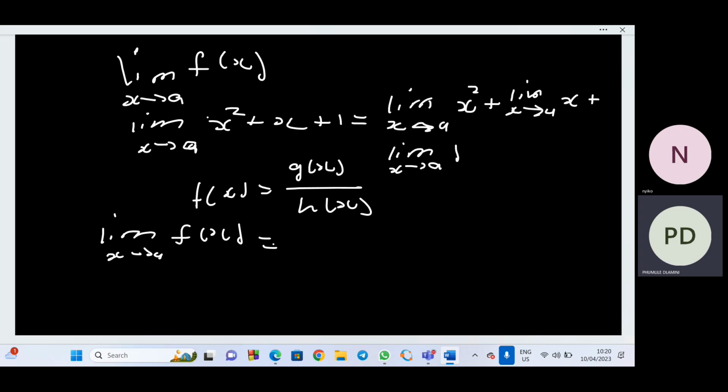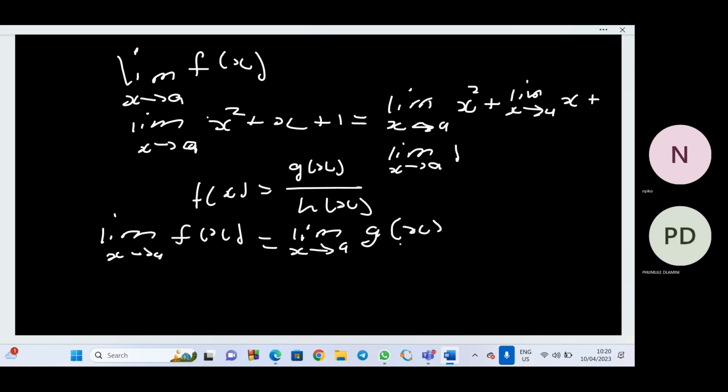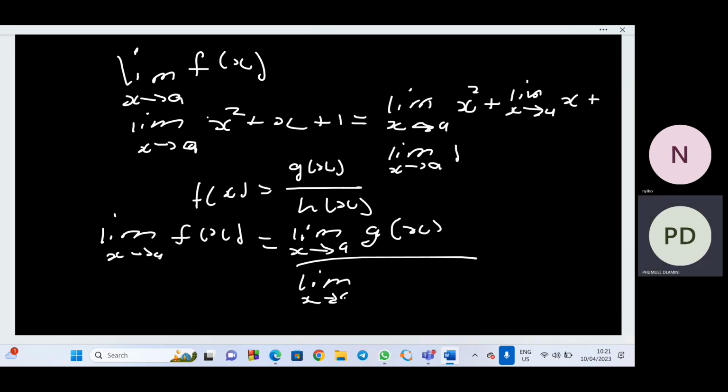This is the same as the limit as x approaches a of g of x over the limit as x approaches a of h of x, and the result can also be g of a over h of a.